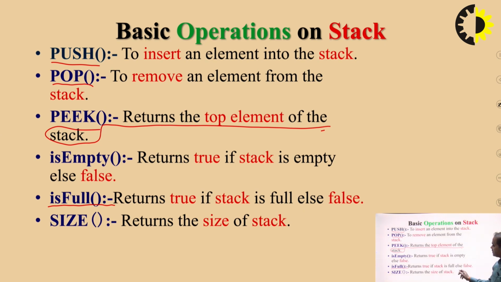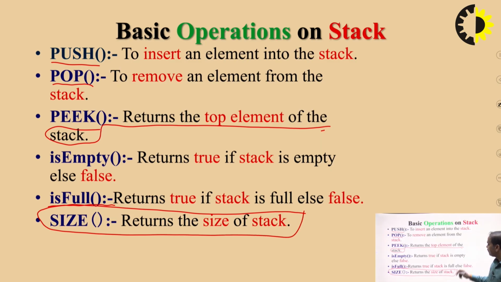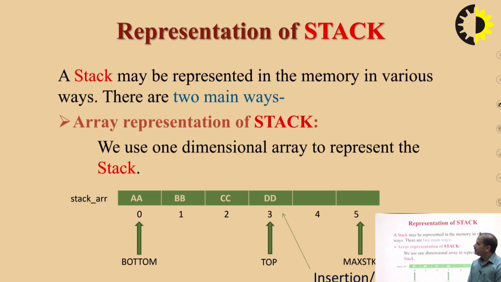By calling this size function, the data structure returns the size of the given stack, which may be in linked list form or in array form. Now, the next one is the representation of stack. Stacks may be represented in memory in various ways. Here we discuss mainly two ways. The first one is array representation.